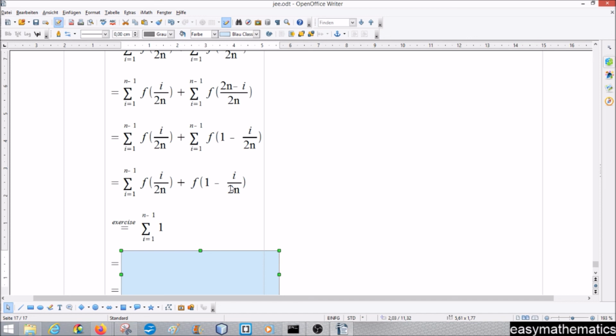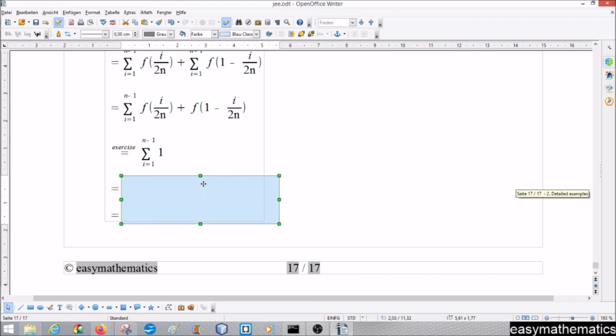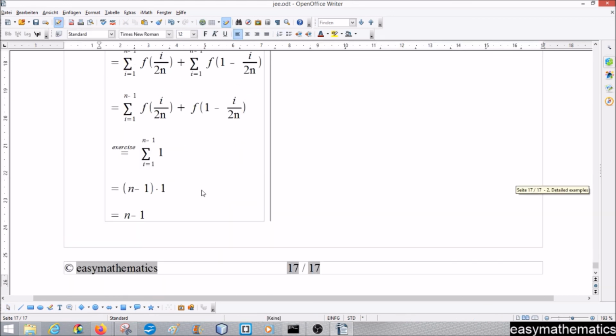And yes, it's an exercise for you. If you sum up these two function values, you get 1. And the next part is easy. Sum from 1 up to n minus 1 of 1 is n minus 1 times 1, and this is n minus 1, and that's the result.